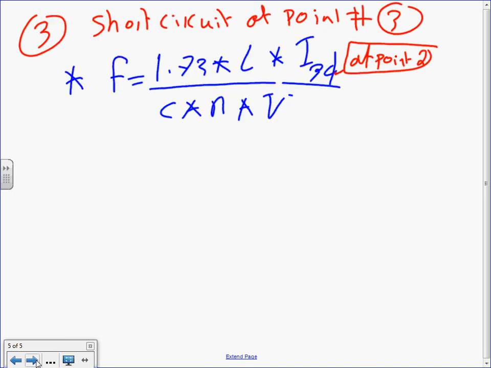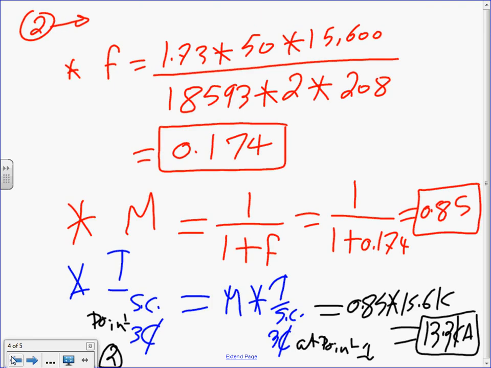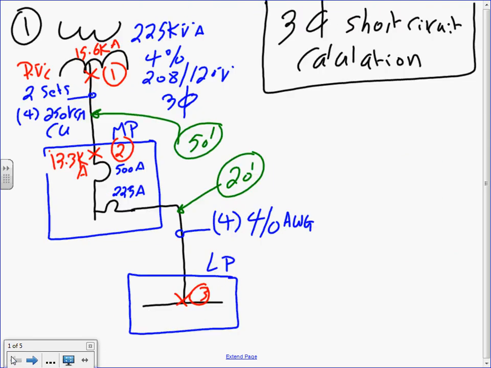Okay, who's my favorite friend here? That's going to be the f factor. Again, 1.73 times. What's the length? The length, yeah, 20 from the main panel. Not from the transformer. Can you guys see that? Your length is from the main panel.